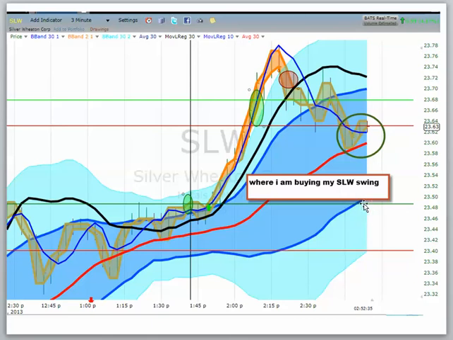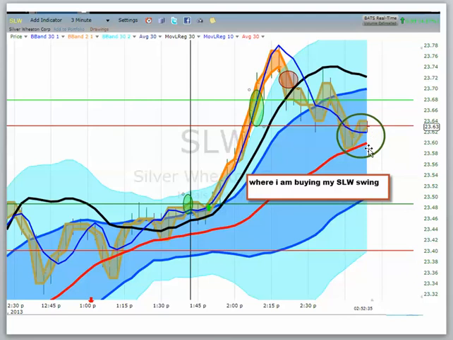In any one of those places, especially after the strong move it's had up, I'm looking to get long again as a continuation pattern.